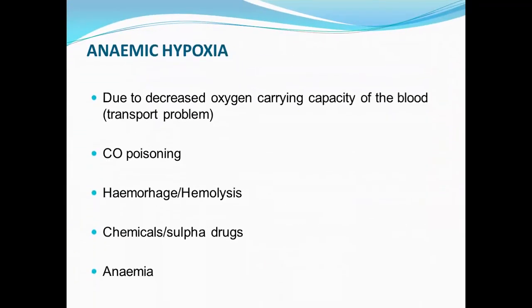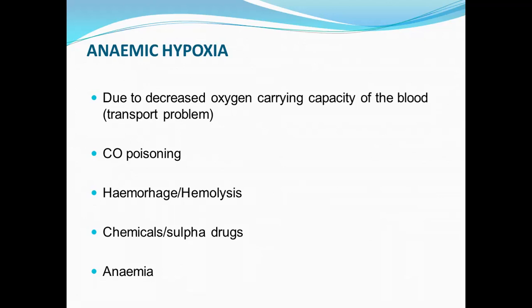The second type is anemic hypoxia. As the name suggests, there is anemia, which is decreased oxygen carrying capacity of the blood. The pressure is normal, but there is a problem in the transport of oxygen.